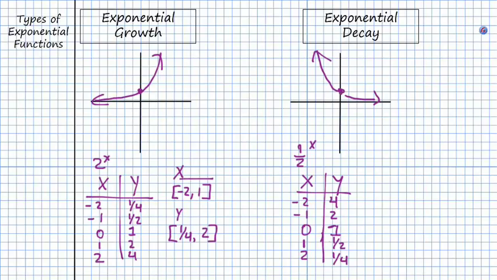And if we were to ask the same question over here, I want to know the maximums for the x values, -2 to 1. So I'm asking the same question again. My outputs, my y values, well, now my minimum comes from right here, 1/2, and my maximum will come from the -2, so that'll be 4. So we see how these are going to be slightly different, right? They have different intervals, and it's because they are kind of mirror images of each other across this y-axis.